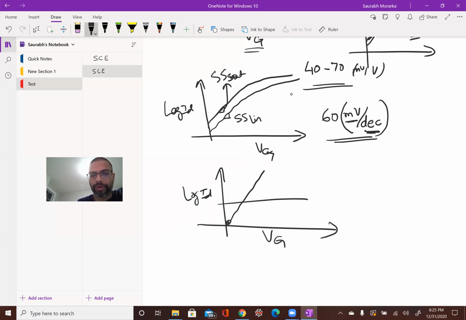So it should be able to go from this leakage current scenario to the on-state scenario in the smallest VG possible. And in this case, when it's relatively flat, it means the device is turning on very slowly, and hence it means it's a bad subthreshold slope. So anything that goes, say, above 80 millivolts per decade is a bad subthreshold slope.